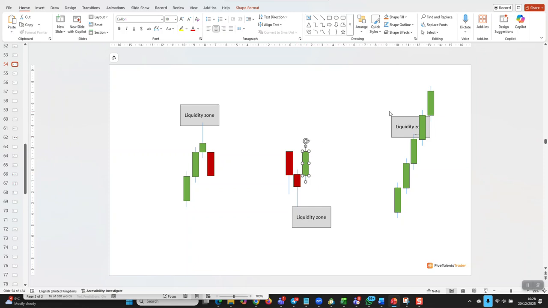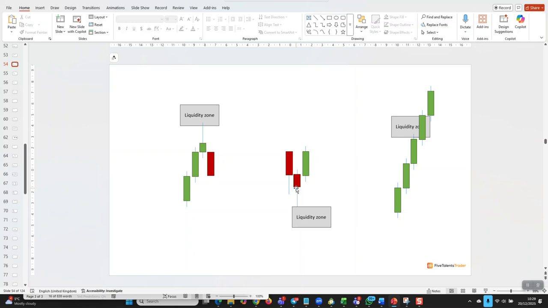But instead, if price comes into the zone and instead of getting a rejection we get another candle close above the high in that zone, that is a telltale sign.